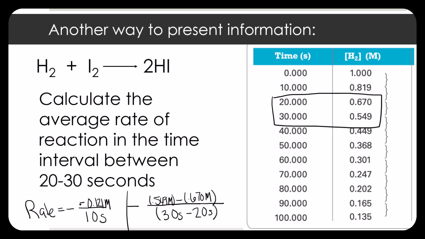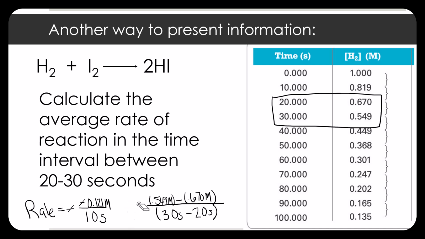Here's where we see the purpose of the negatives. The negatives here kind of cancel each other out, or they drop out. Rate cannot be a negative number. That doesn't make sense. Your speed can't be a negative speed, right? You're not going backwards. So it's important that we have those negatives there so they cancel each other out.